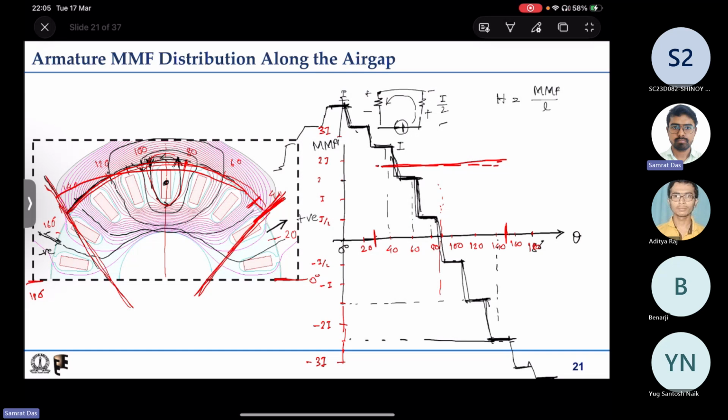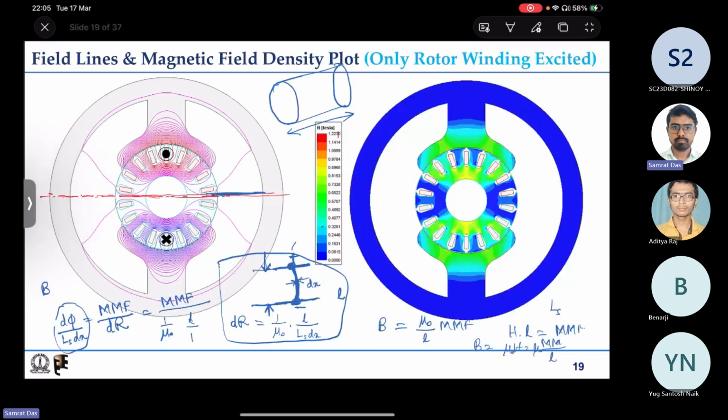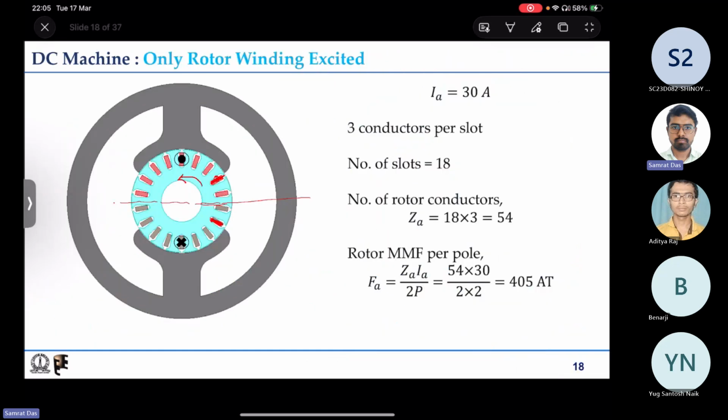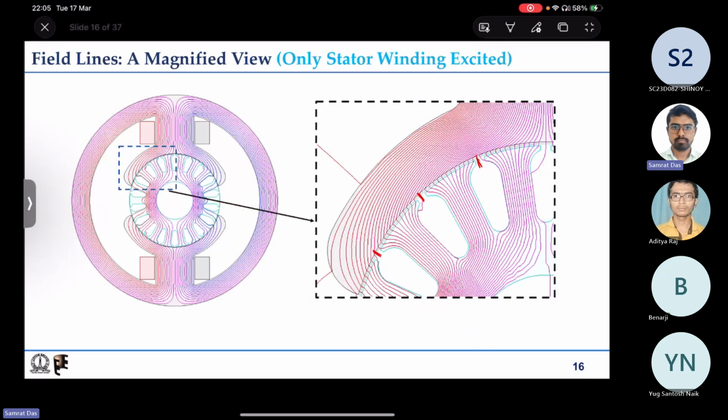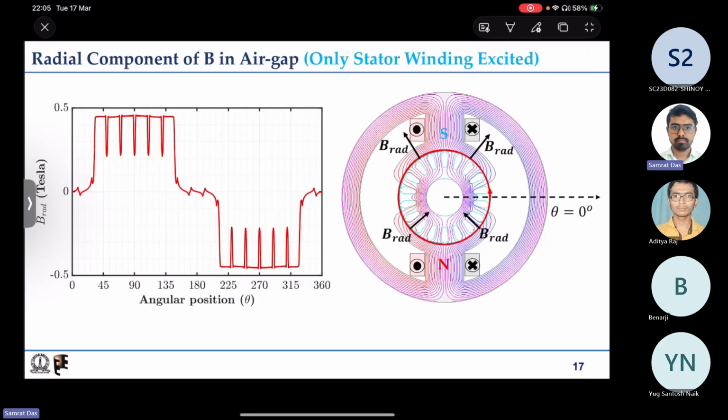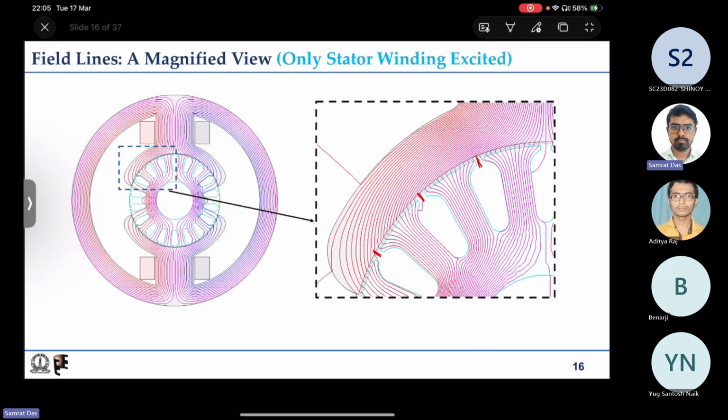So it is a general procedure to find out the B distribution. As an example, if I try to do it for the field, this is the axis, right?